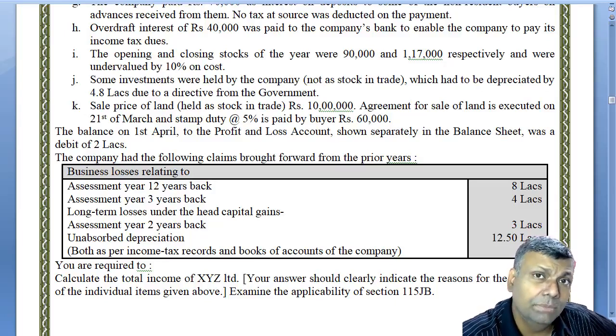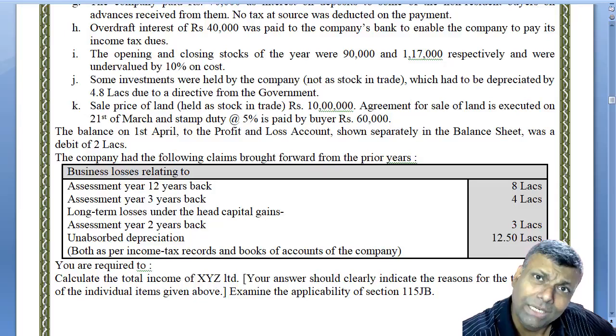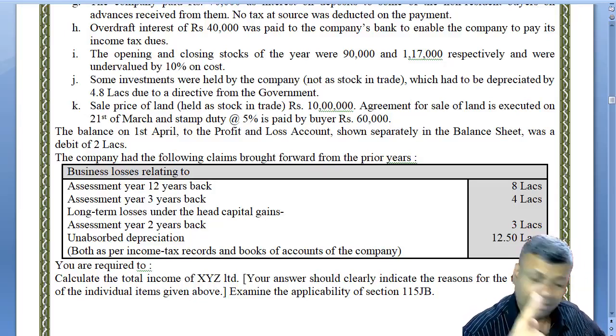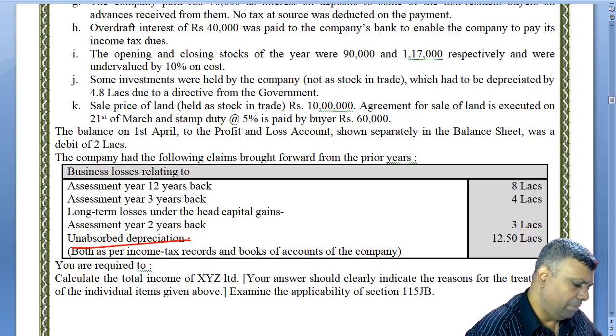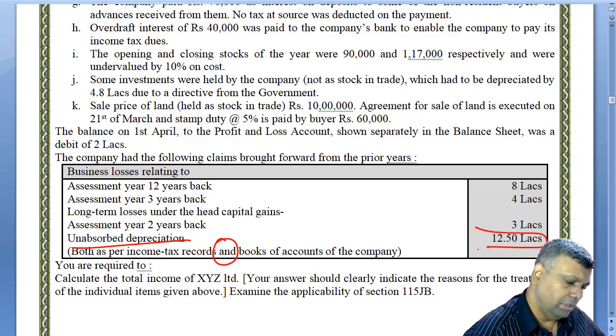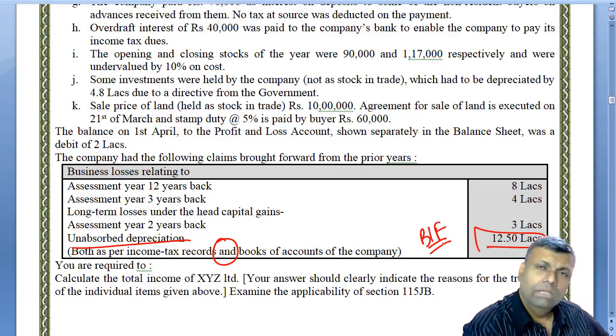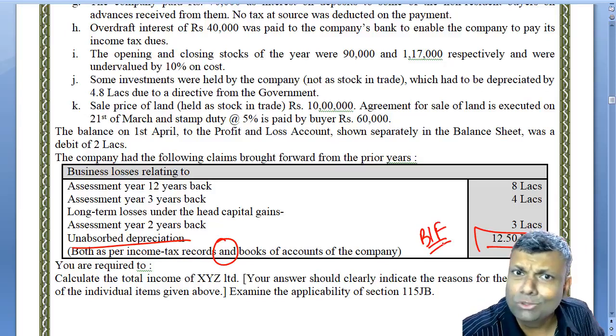That how is this possible that profit and loss opening balance is only 2 lakhs, but that doesn't include depreciation of the earlier years? That should include, no? Because see, in the books of accounts, for unabsorbed depreciation, which is brought forward, this is 12.5 lakhs, which is actually a brought forward figure. It is in which ledger? Because after all, it has to be in the ledger.